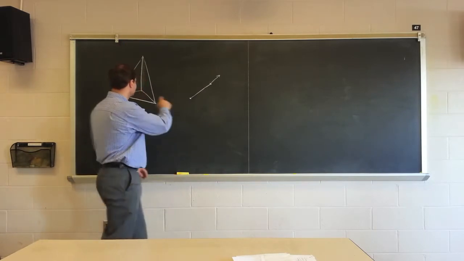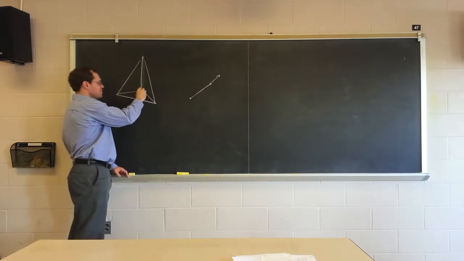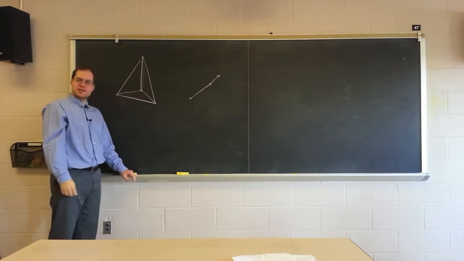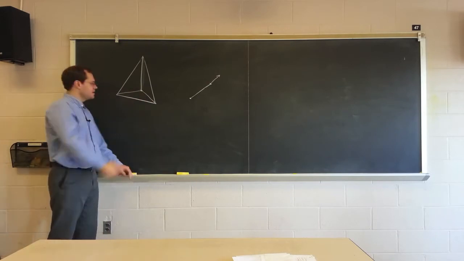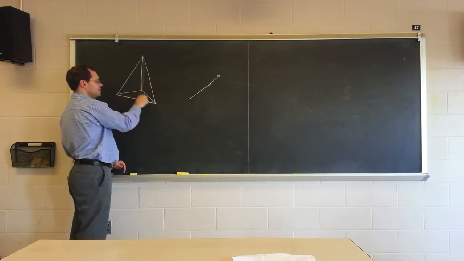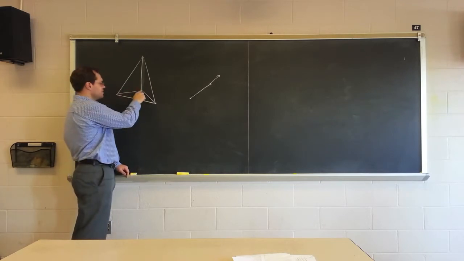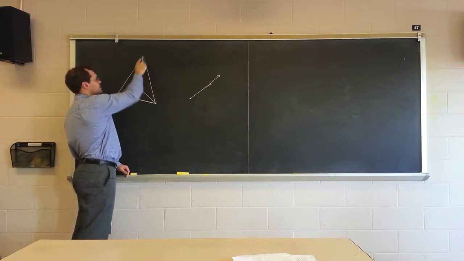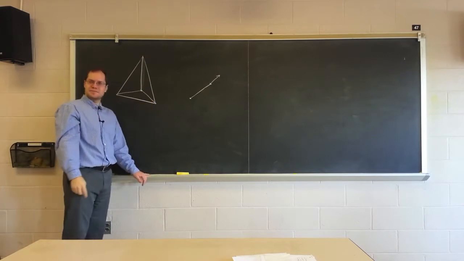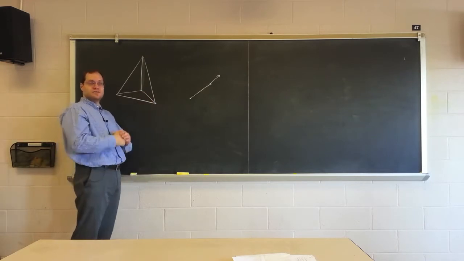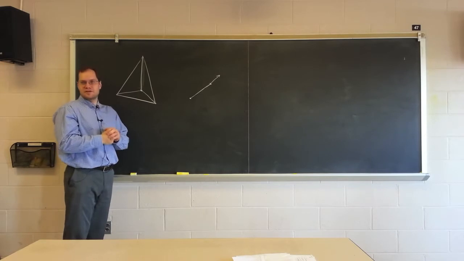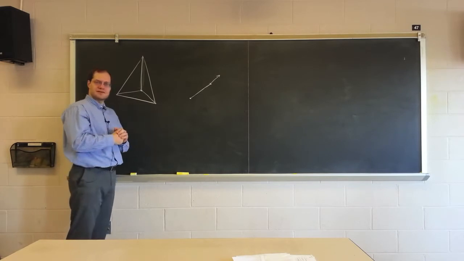Now let's switch to this problem, where the function that we're trying to minimize is the sum of three lengths. It's the sum of this length plus this plus this segment. So now we have to evaluate the gradient of this function, the function being the sum of the three lengths.